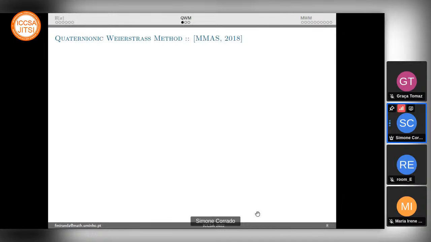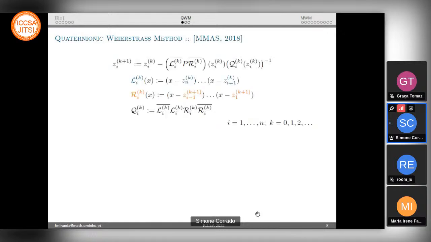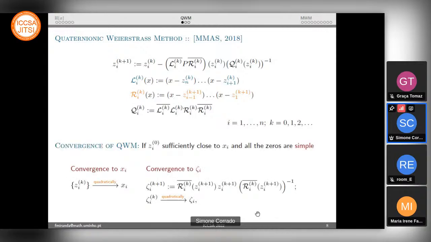And in 2018, we proposed a method that extends the classical Weierstrass method to the quaternionic case. The iterative scheme can be seen here, but I will not talk about this.